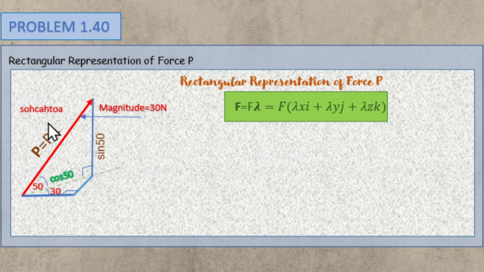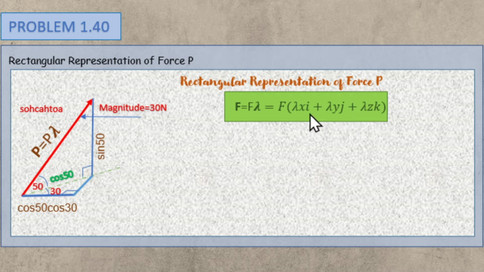So again, using this one, cosine theta equals adjacent side over hypotenuse. So adjacent side is hypotenuse times cosine theta. But what is our hypotenuse? Our hypotenuse is cosine 50. So we will not consider it as 1 since it is not this one. So we will use cosine 50 multiplied by cosine theta, which is cosine 30. So therefore, it will be cosine 50 cosine 30. And now we already have our value of unit vector y.